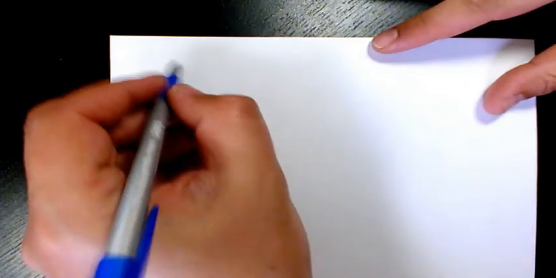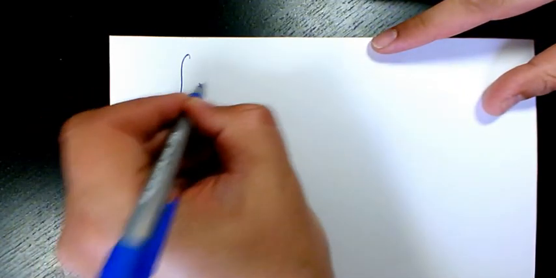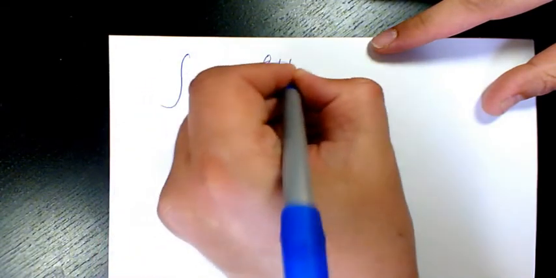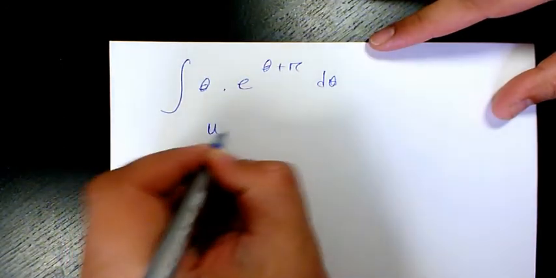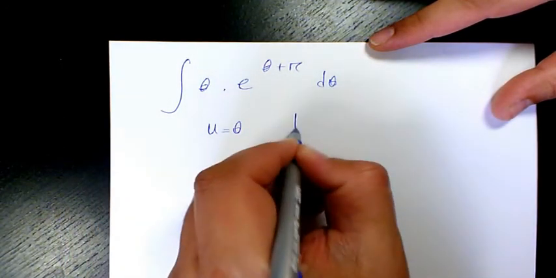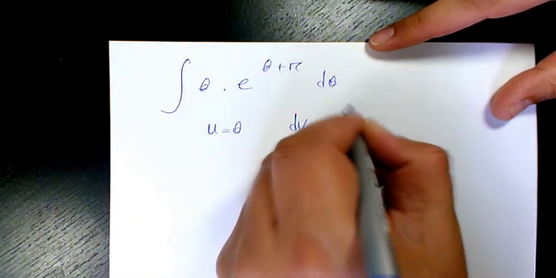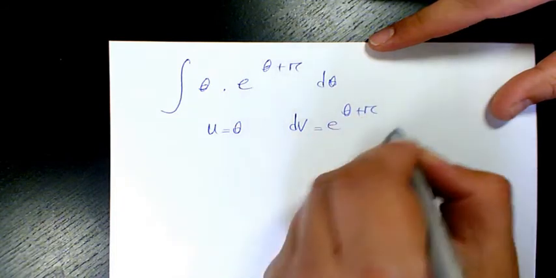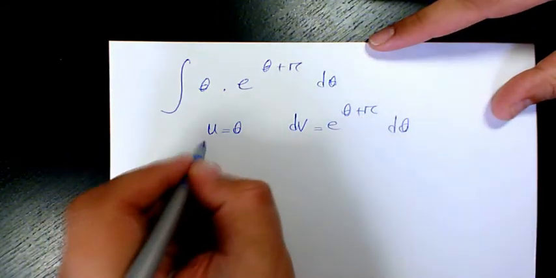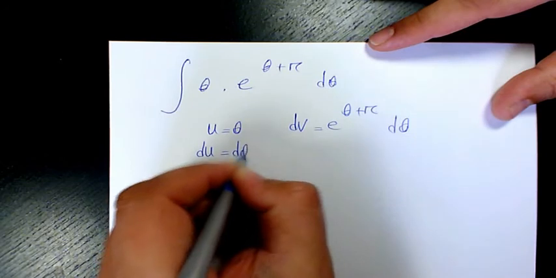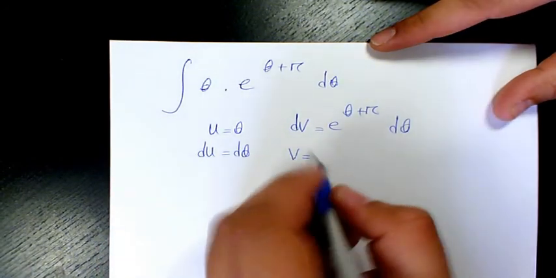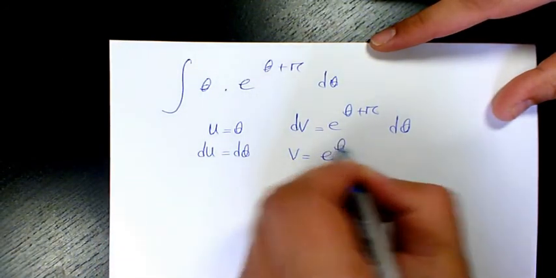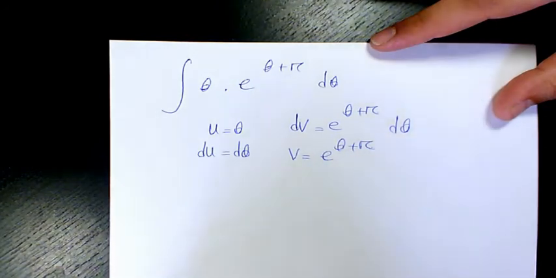Next example. The integral of theta times e to the power of theta plus pi d theta. If u is theta, dv is e to the power of theta plus pi d theta, du is going to be d theta, v is going to be e to the power of theta plus pi.